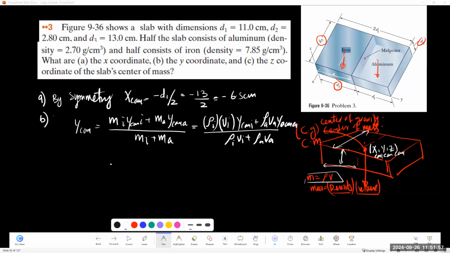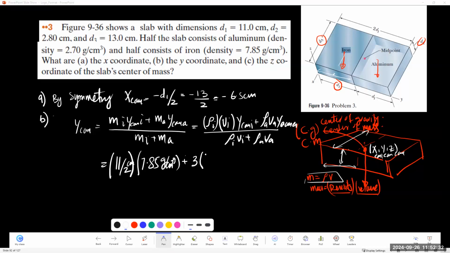Everything here is given, it just needs to be substituted. So I'm going to substitute 11 divided by 2, because it's half of this, and 7.85 gram per centimeter cube. I don't need to change the units because everything is given in centimeter, so I just leave it as is.